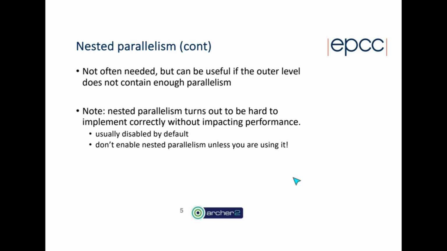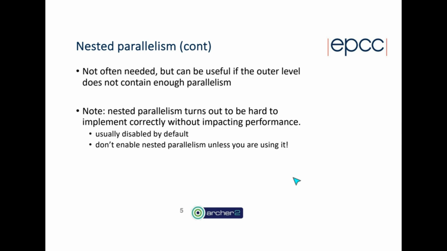There is some extra implementation required to enable it. Implementing it correctly without impacting performance a bit is actually difficult. So that's why it's usually disabled by default. The default behavior depends on which compiler you're using, but most of them turn off nested parallelism by default.